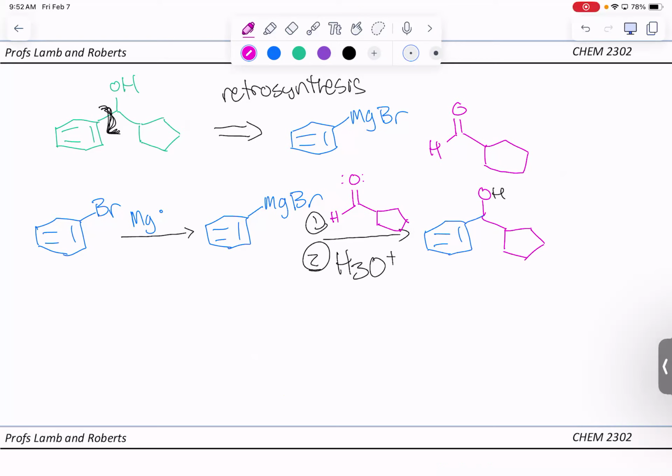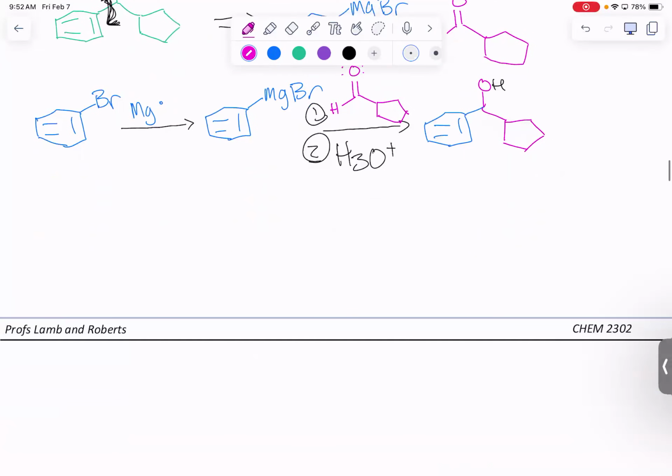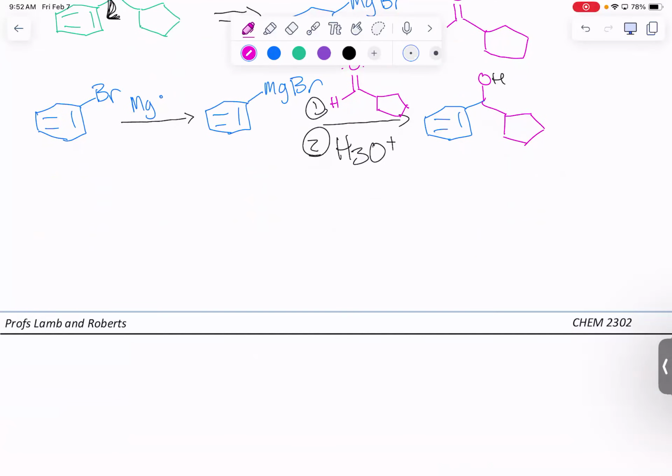All right, so let's do another practice problem. Okay, so let's make this compound here. It is going to be, as you probably guessed, another alcohol. So what do we think is the retrosynthesis?